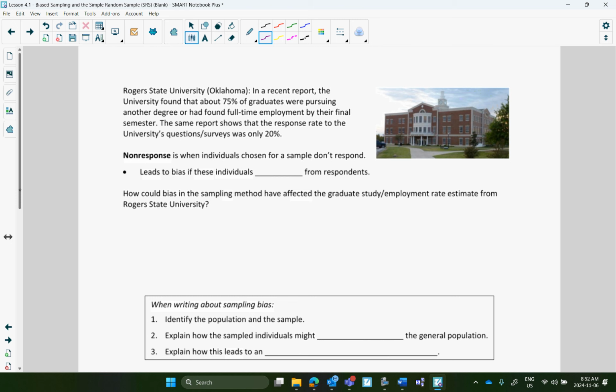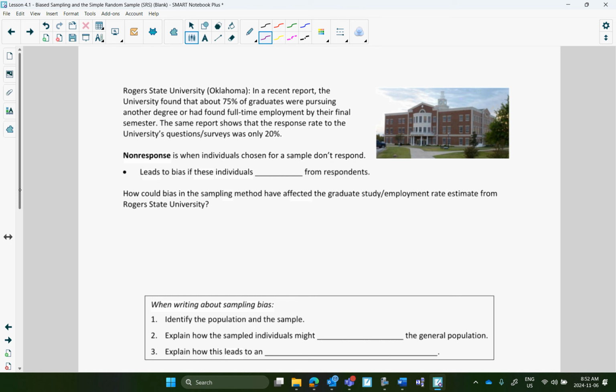So at a state university in Oklahoma, the university found that 75% of graduates were pursuing another degree or had found full-time employment. The same report showed that the response rate to those questions or survey was only 20%. Okay. That means a big portion did not respond. Why do you think?